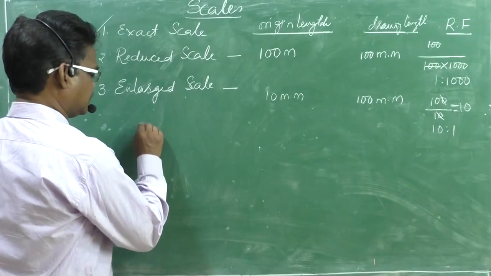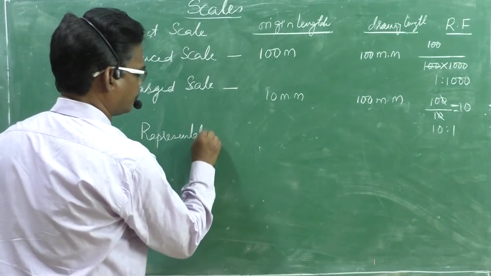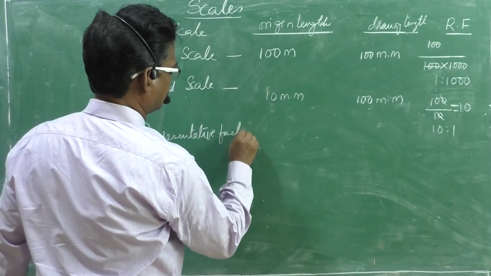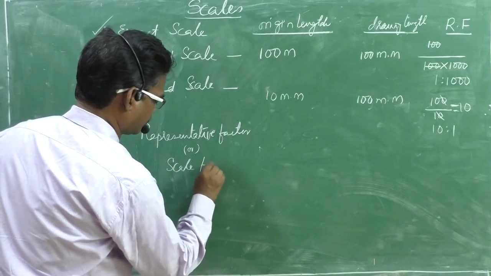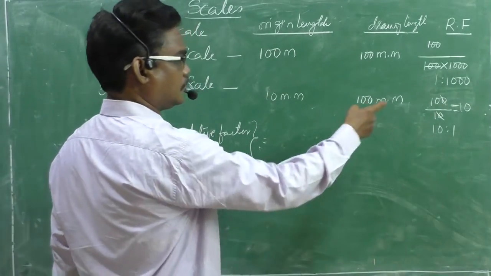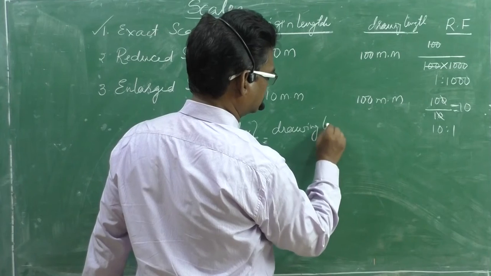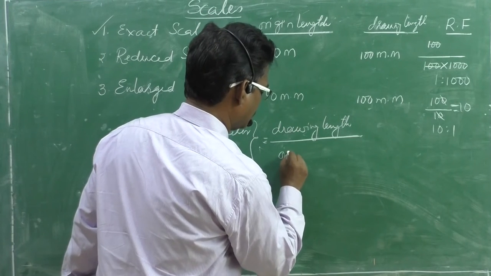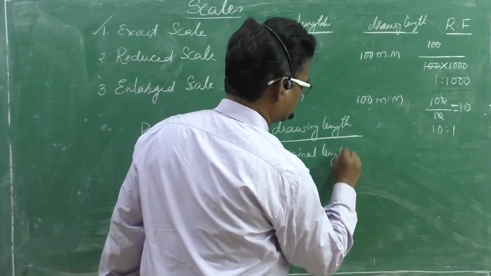Now I want to give a formula for the representative factor. Representative factor or scale factor is equal to the drawing length, or the length of the object on the drawing sheet, divided by the original length of the object.